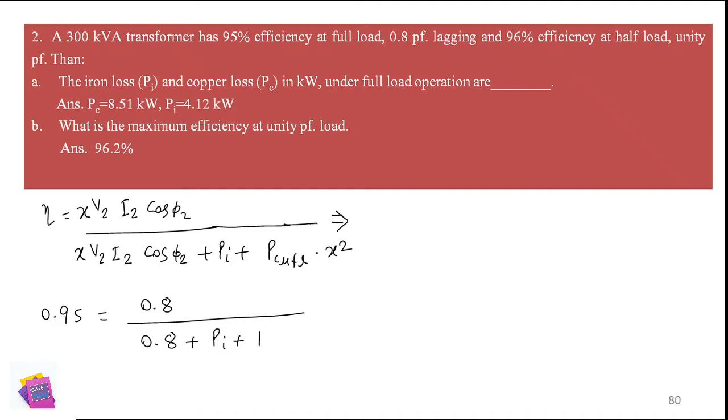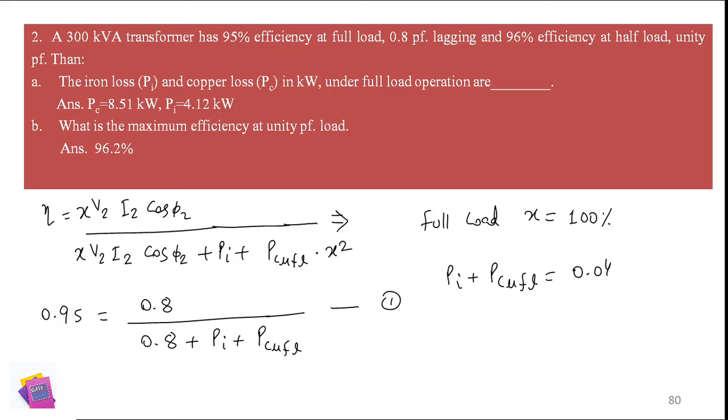It is on full load, so x equals 1. For full load what is the value of x? x equals 100%. So by solving this equation you will get one relation between PI and P copper. This is equal to 0.04210, equation number 2.